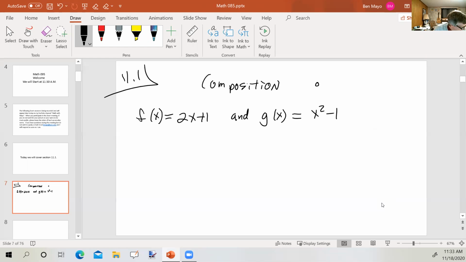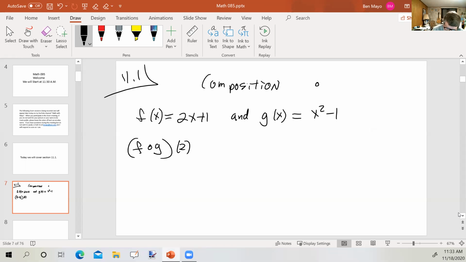And we are going to find f composed with g of 2. Now, it looks like fog. Maybe it'll feel like fog. But that little circle between the f and the g, that's not a 0 or an O. That means we're going to take f composed with g of 2.